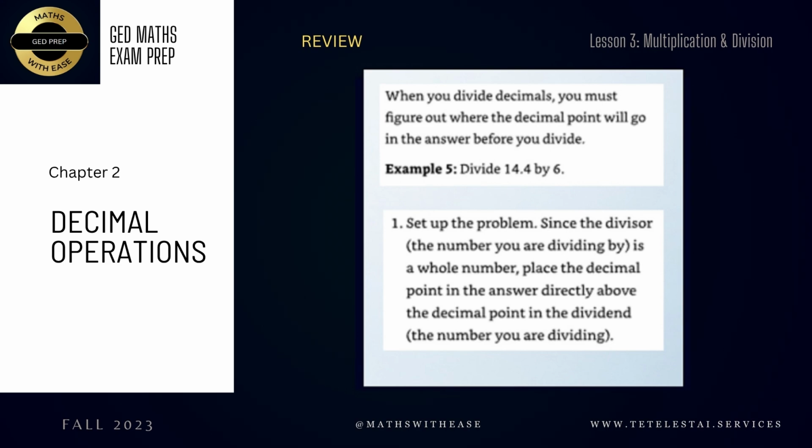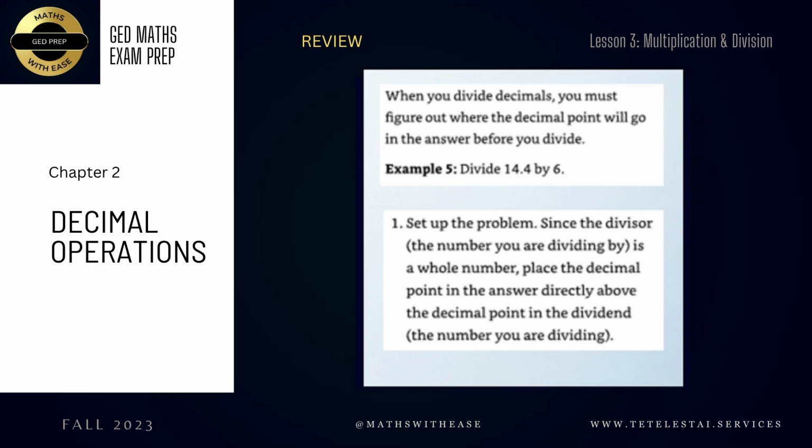For decimal division, you need to figure out where the decimal point will be placed in your answer before you divide. So in this example, we're being asked to divide 14.4 by 6. So your divisor, or the number that you're dividing by, in this example is going to be 6, and it's a whole number, right?